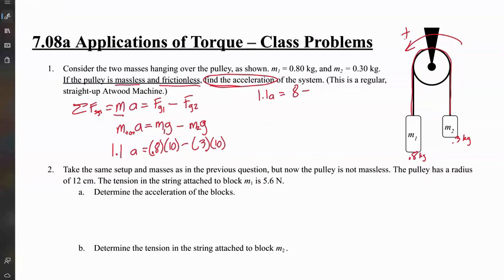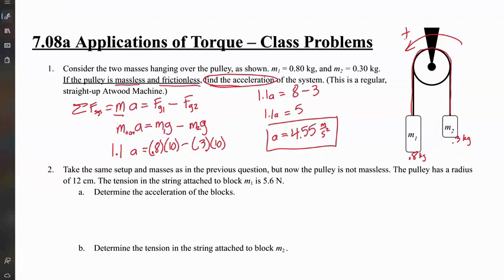And I hope you can do 8 minus 3 in your head. By this point in your schooling career, you should be able to do that. Divide both sides by 1.1. And 5 over 1.1, I get 4.55 meters per second squared is our acceleration, rounded to 3 sig figs. Okay, so there's our normal Atwood machine.